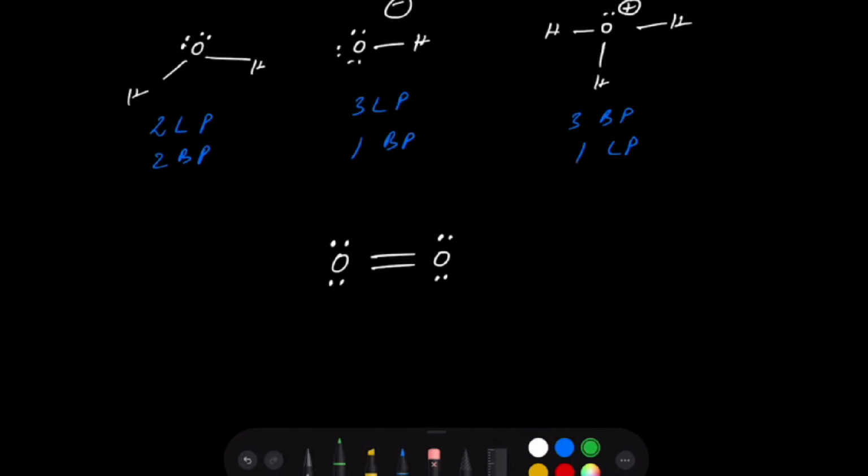Now if I do the partition, the oxygen will take only these two electrons. It will not take these two. It will not take these blue electrons. It will take only these green electrons. Why? Because it is attached to an atom which is equally electronegative. So these two green electrons plus these two lone pairs. Total how many? Total of 6 electrons it has. How many is it supposed to have originally? 6.